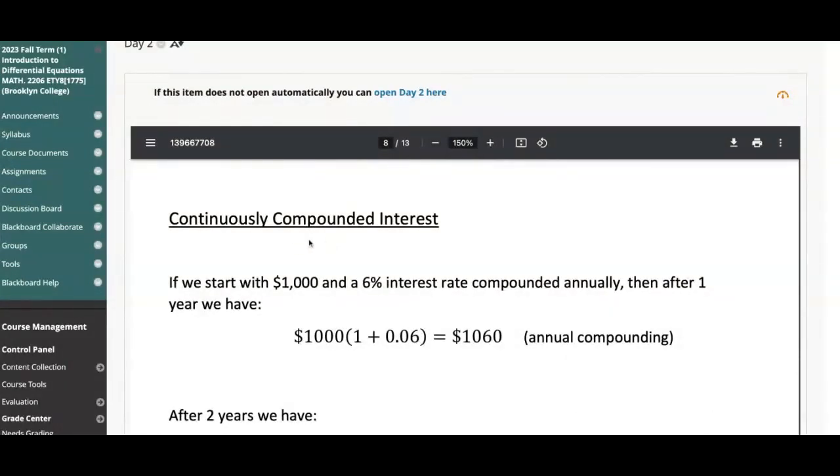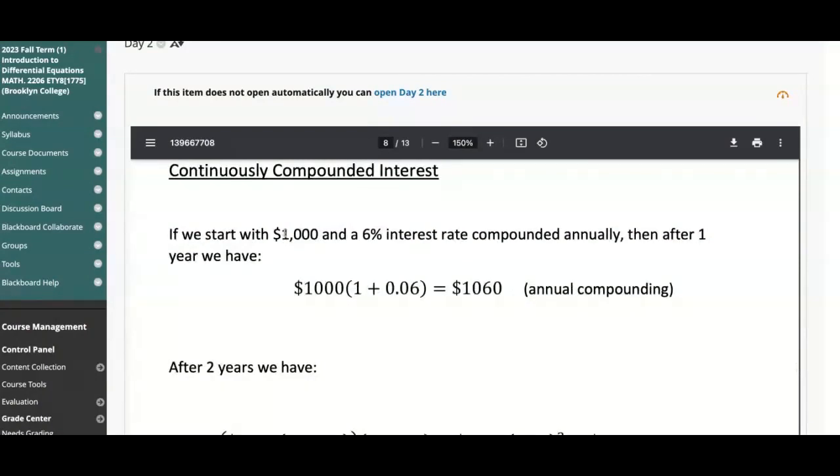Okay, continuously compounded interest. If we start with 1,000, the initial principal, and a 6% interest rate compounded annually, then after 1 year we have the principal itself plus the interest, 6%, 0.06.